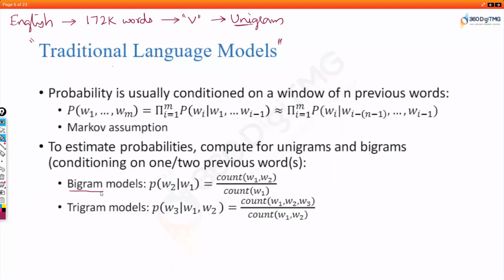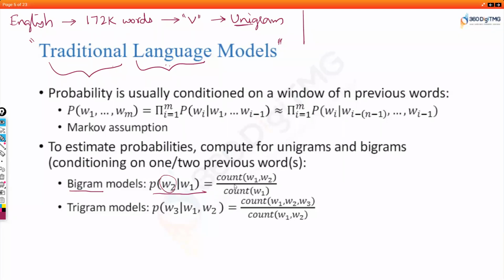Bigram means 2 words. For example, here you apply the probability in this way. What is the probability that word 2 appears given that word 1 has already appeared? That means, what is the probability that the next word would be language given that the first word was traditional?